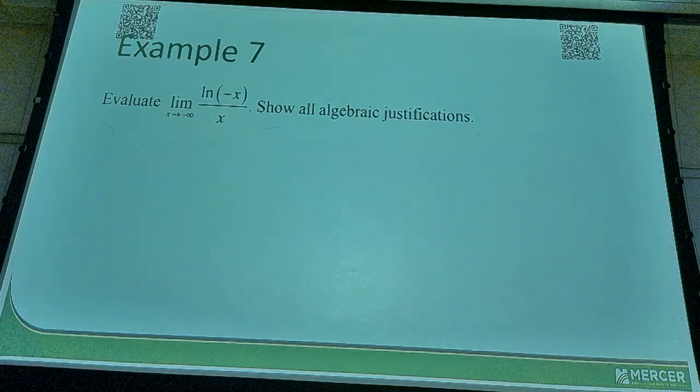So the domain would be negative infinity to 0 for this. Right? You can't just go, oh, log of negative x, therefore it doesn't exist. It does. You just adjust your domain. And notice what our limit, what our x is approaching. It's approaching negative infinity. So this limit could exist. If that x was approaching infinity instead, the limit doesn't exist. Because then you'd be taking natural log of negative numbers, which does not exist.